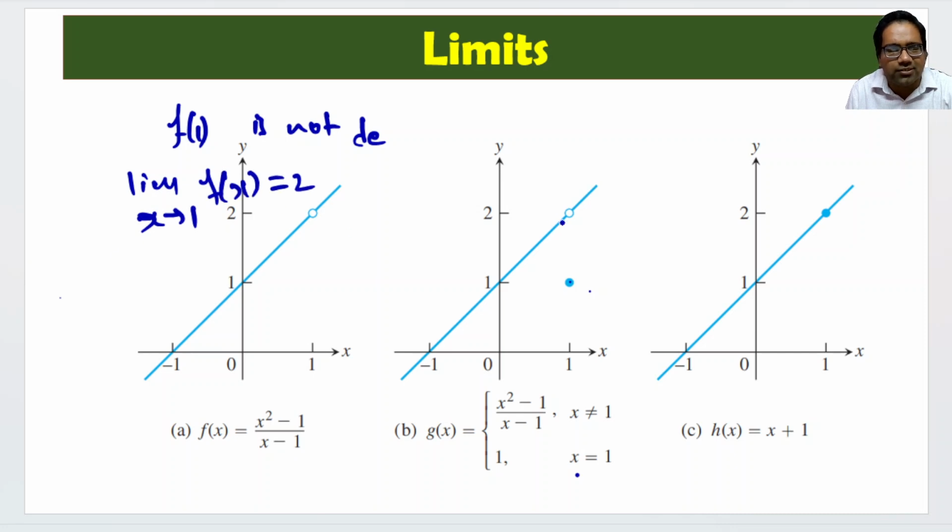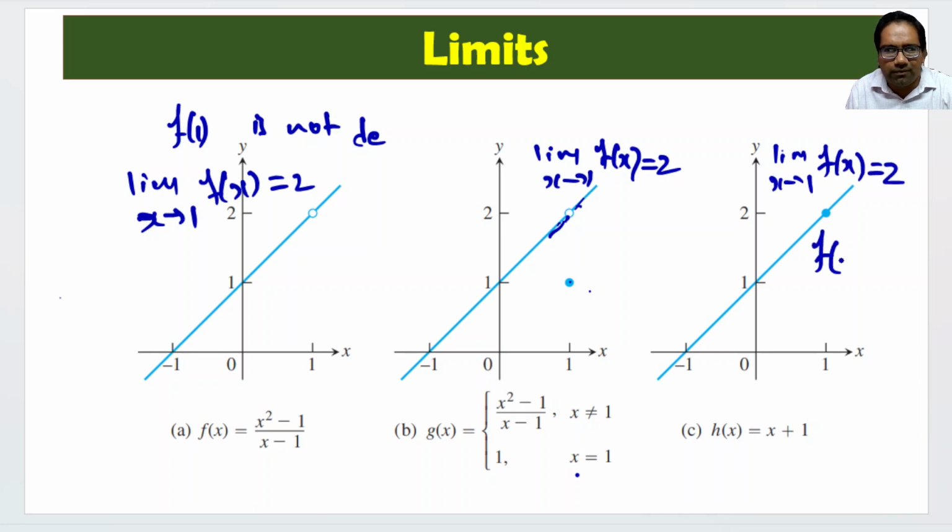Okay. In this case also, limit x tends to 1, f of x is 2. So we can make this function as close to 2 as possible. Right. So this is called limit. In this case also, limit x tends to 1, g of x is actually equal to 2.